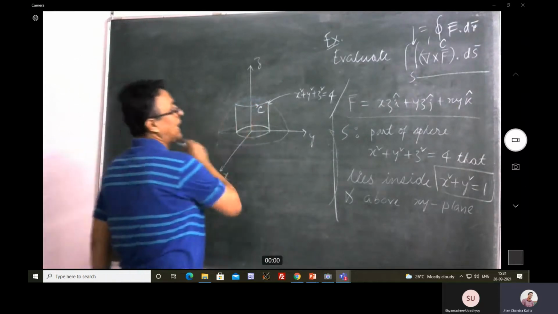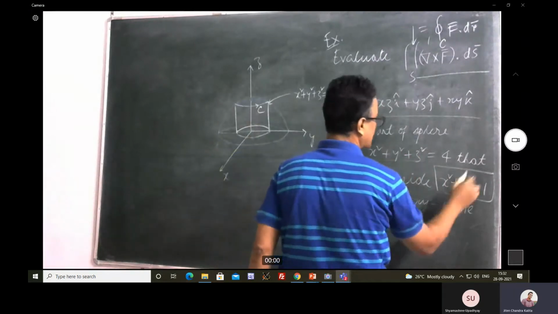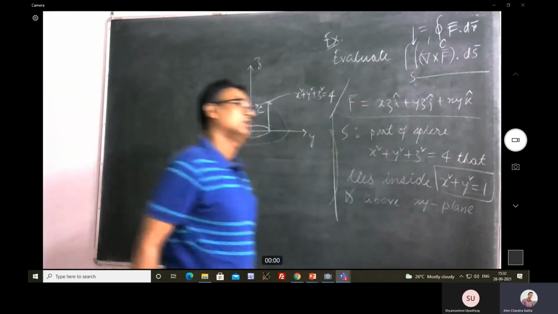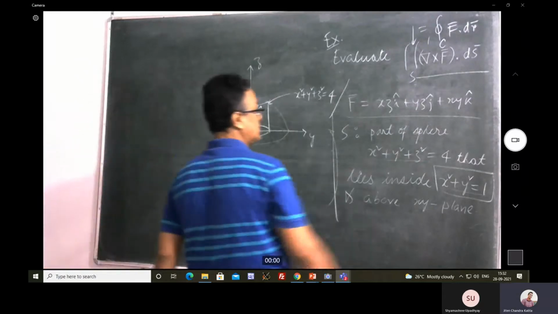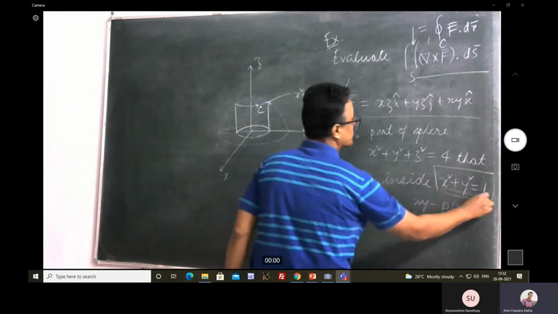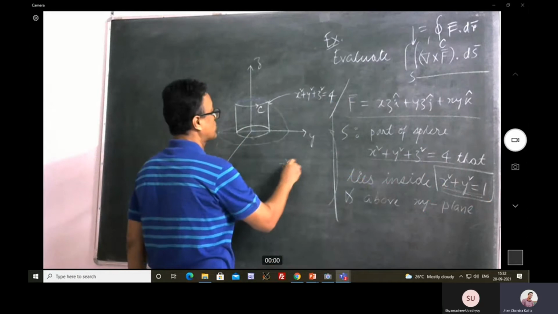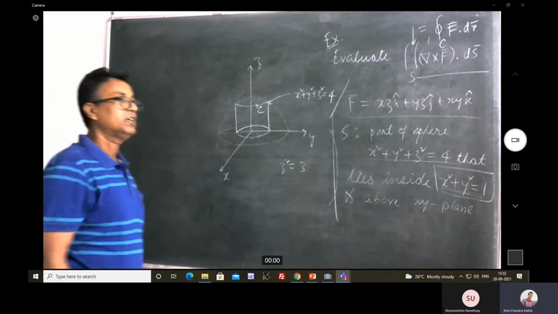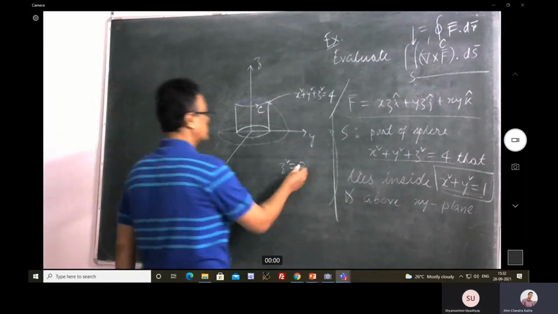If I want to find the intersection of this sphere and this cylinder, which is nothing but a circular cylinder, then if you substitute this here, you are going to get z squared equal to 3. Is it okay? Fine, z squared equal to 3.